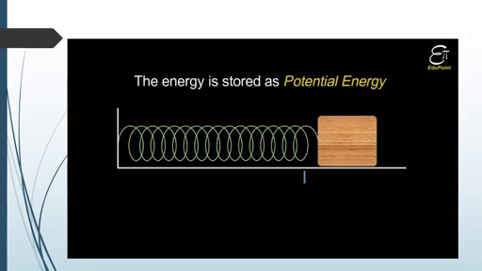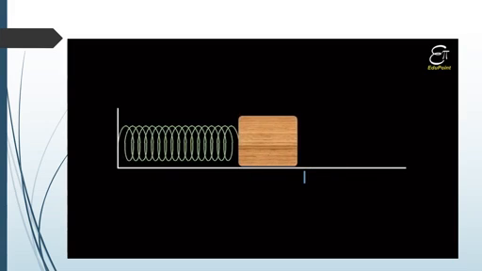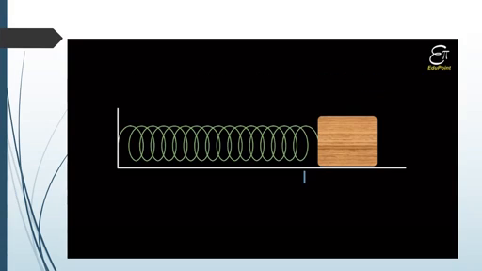When this force is released, the spring comes back to its previous position and regains its shape. That is called elasticity, in which when a force acts on an object, its shape or position is changed, and after the removal of the force it regains its shape or previous position.